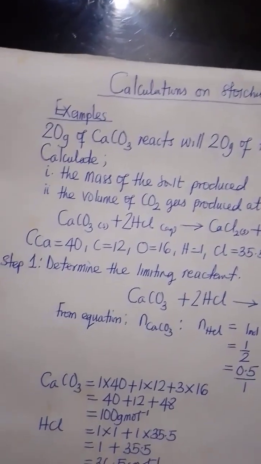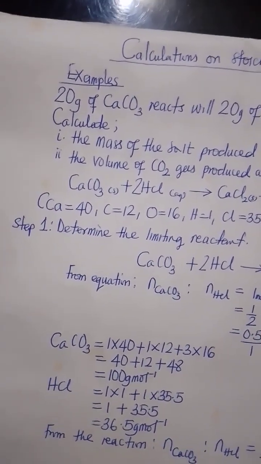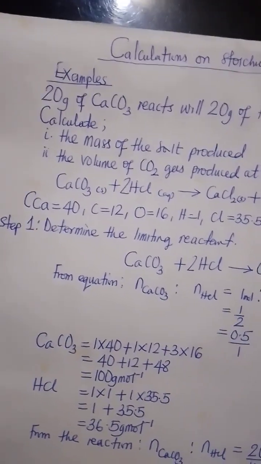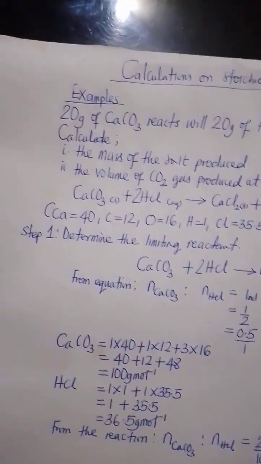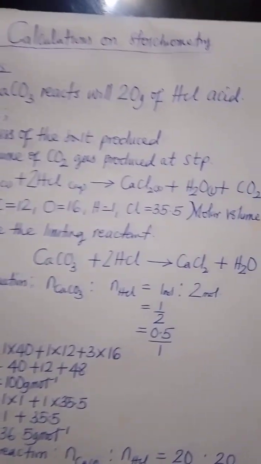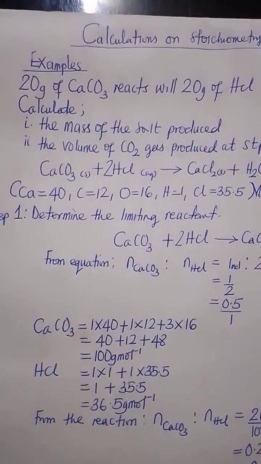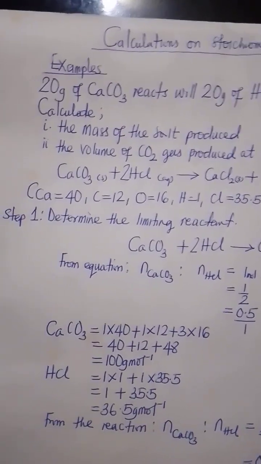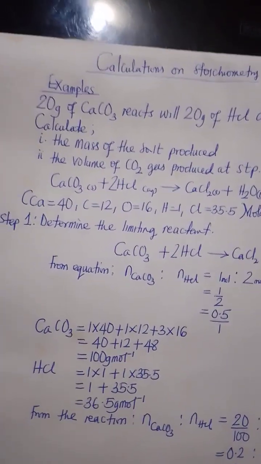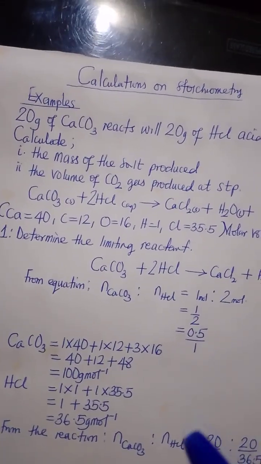We do not know if the reacting masses are given in appropriate quantity, and if we do not know, it means that we must determine which is limiting and which is in excess.